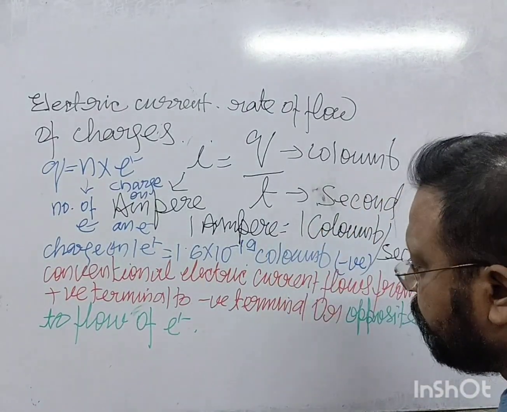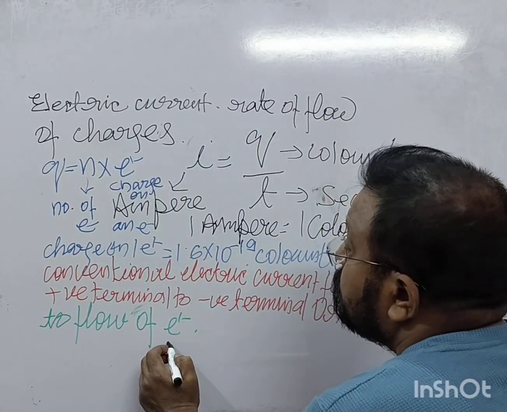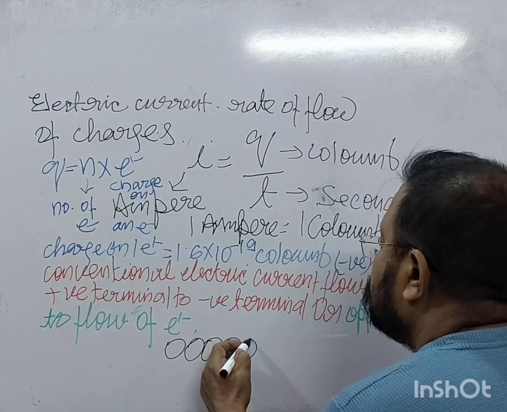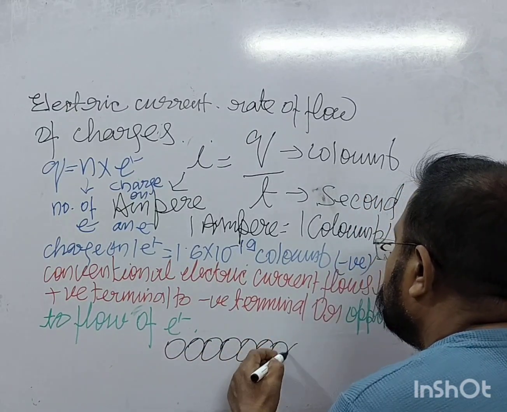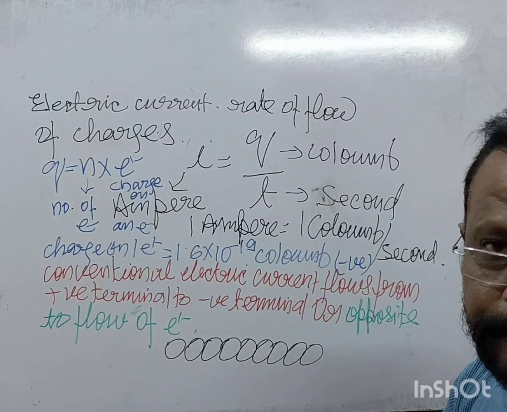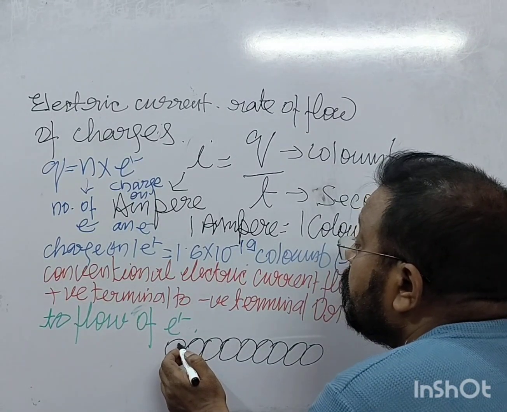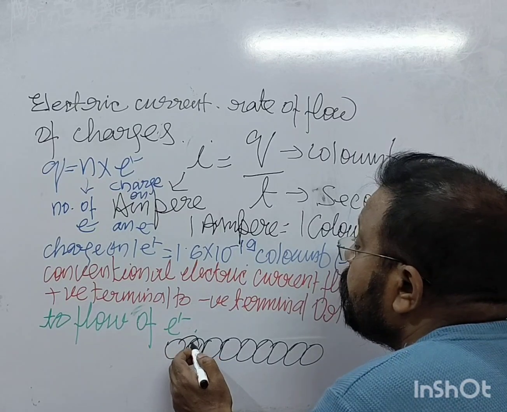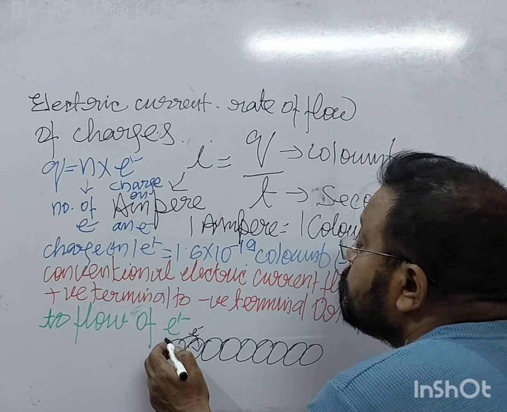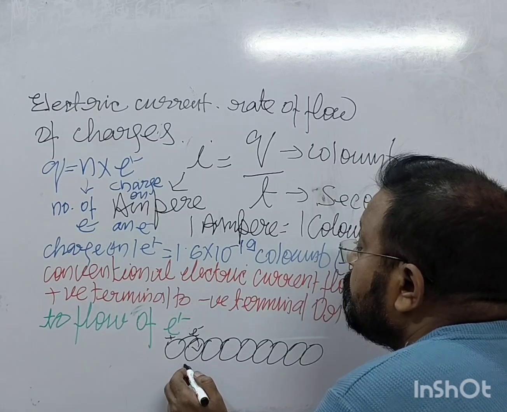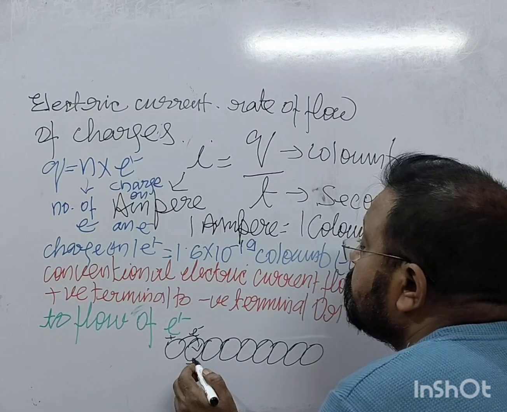It is like that. If these are atoms, one gives one electron to the next, so it gets positive charge and the next gets negative charge.